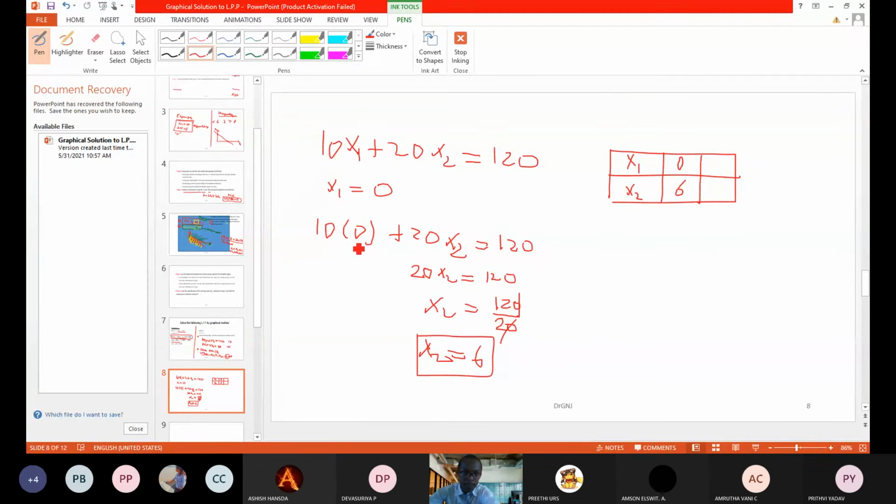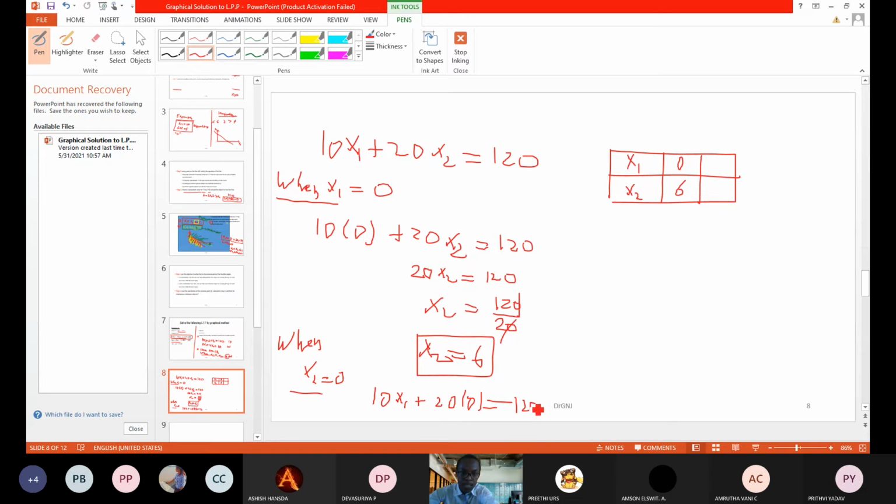Now, come to the second. When x2 is equal to 0, we change there: 10x1 plus 20 into 0 is equal to 120.